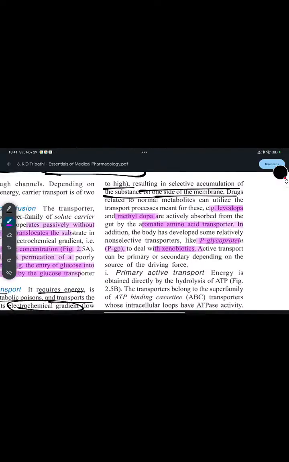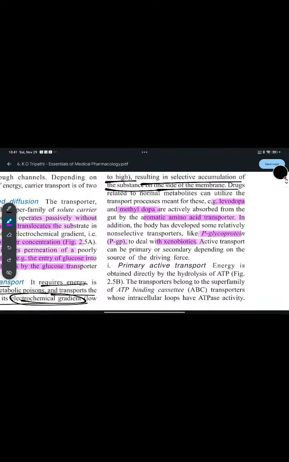In addition, the body has developed some relatively non-selective transport like P-glycoprotein (PGP) to deal with xenobiotics. Xenobiotics means drugs or foreign substances.